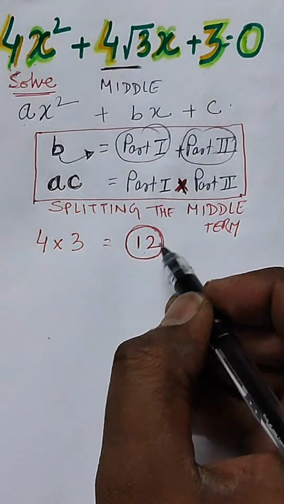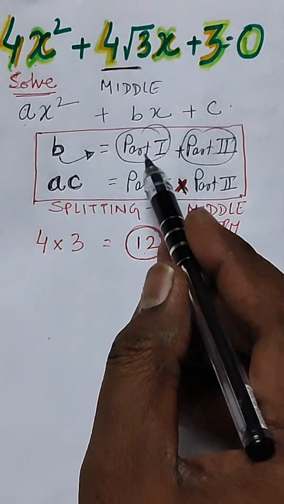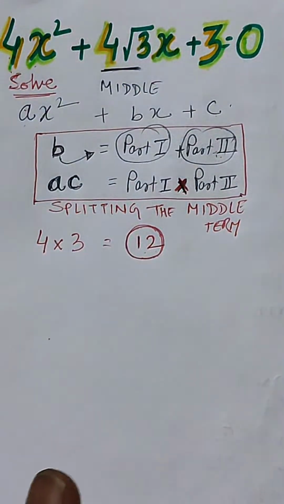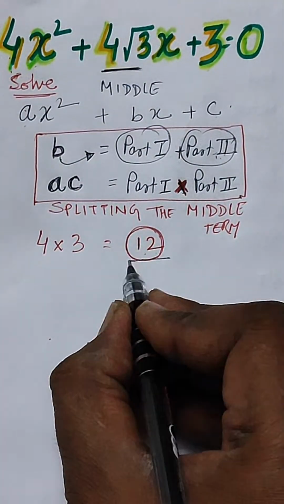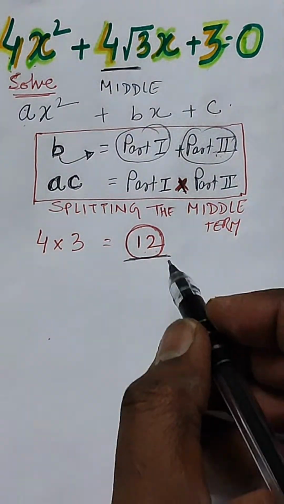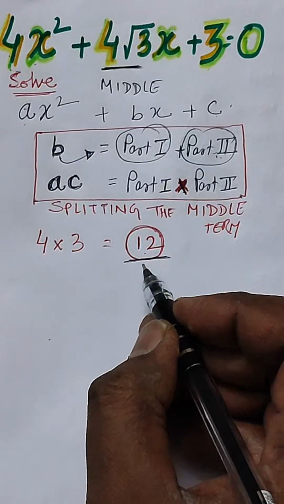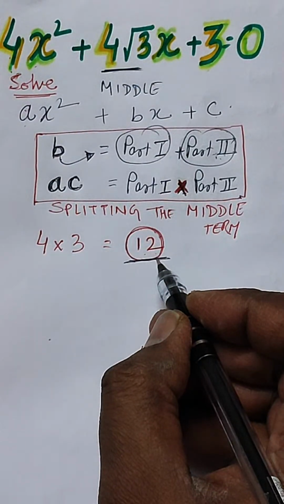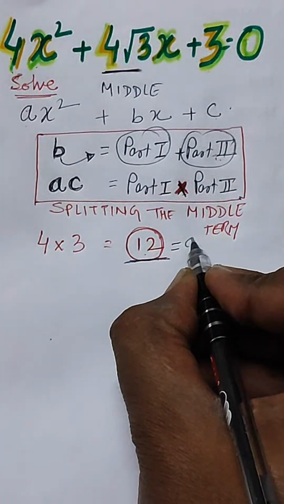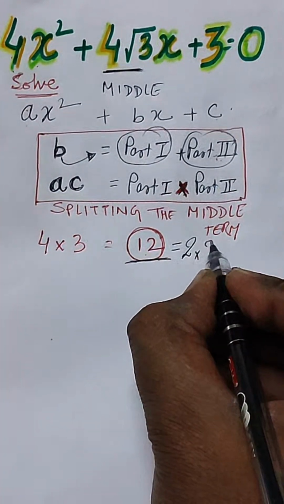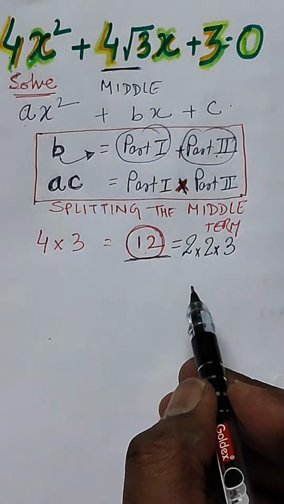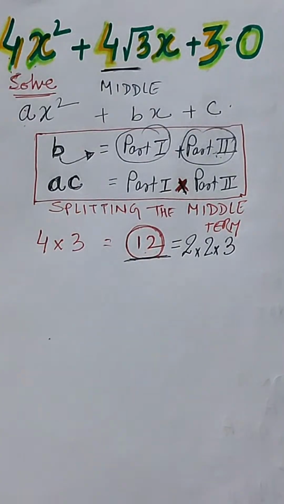And these two parts should be, when you add them, you will get the middle term b, right? So my dear friends, here this 12 needs to be seen how it can be changed. So for this you just find the factors of 12. If you find the factors of 12, it will be 2 into 2 into 3, right? These are the three factors of the 12.